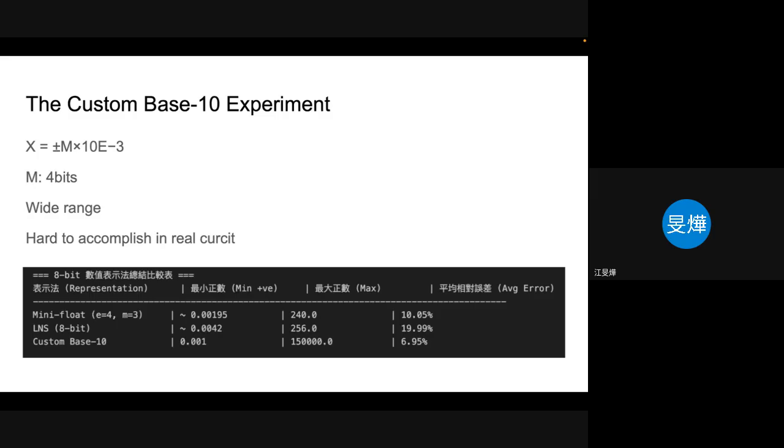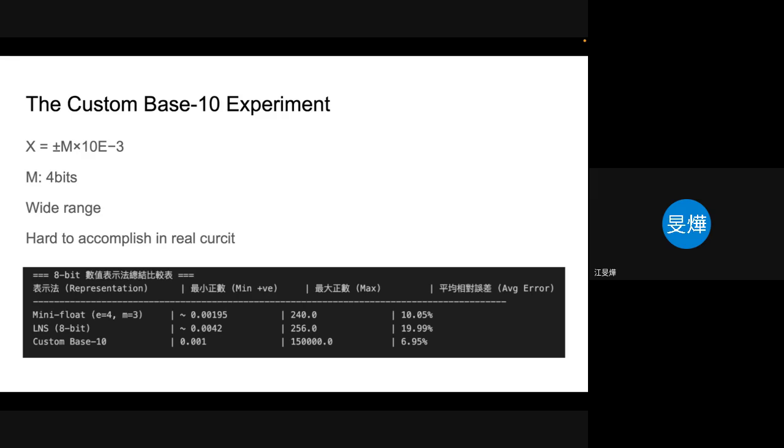It also highlights exactly why decimal number systems are so hard to build in hardware. In base 2, normalizing a number is just a bit shift, which is basically free in hardware.